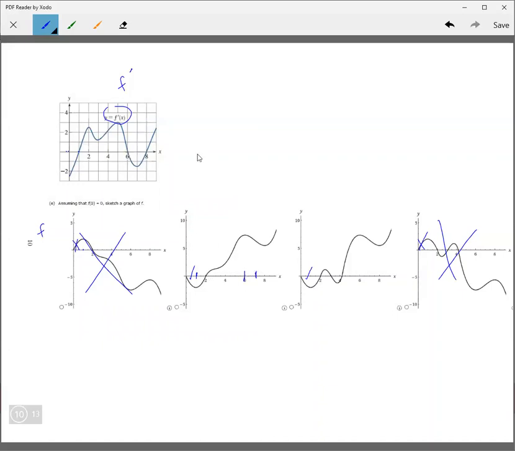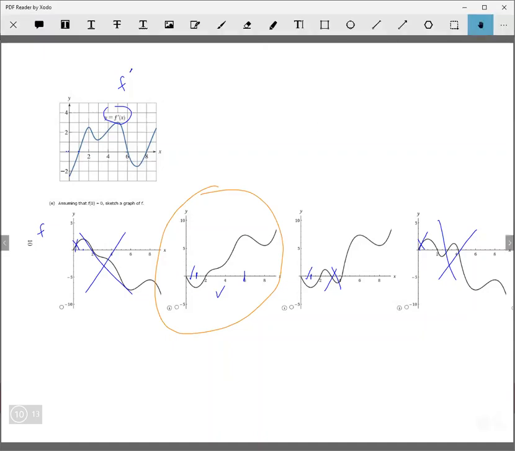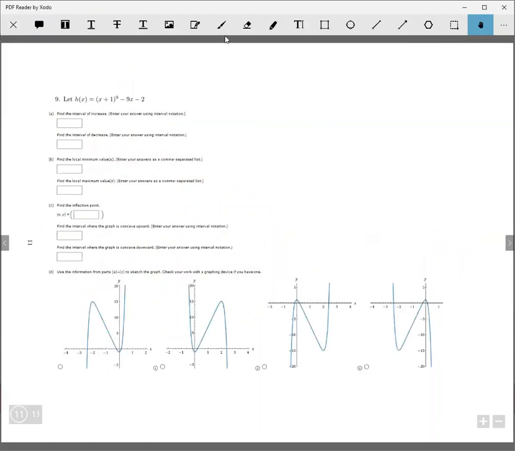I'm sorry, 1 to 6. From 1 to 6, it's increasing, and that looks okay. This one, no, because it goes down right there. So it's got to be the second one. I would probably spend more time explaining that, but we're kind of low on time. So let's go to the next one.